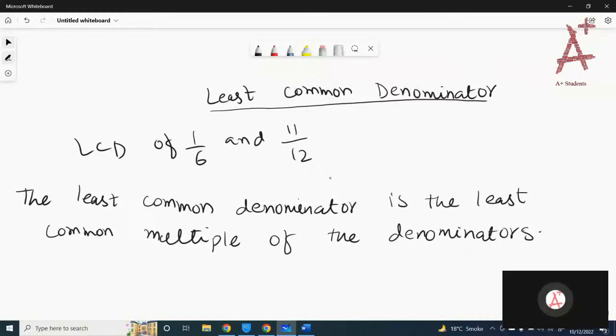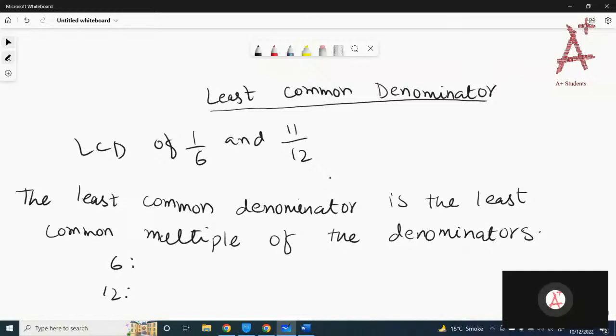So to find the least common multiple, we have to do the prime factorization for both the denominators. Got it? So you have two denominators. One of them is 6 and the other is 12. So we have to write the prime factors of 6 and 12.